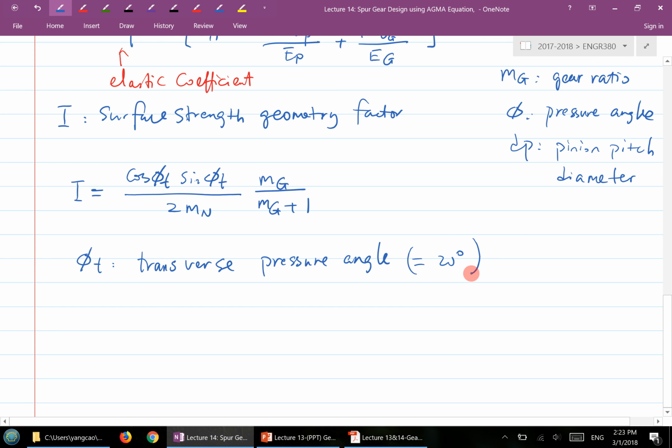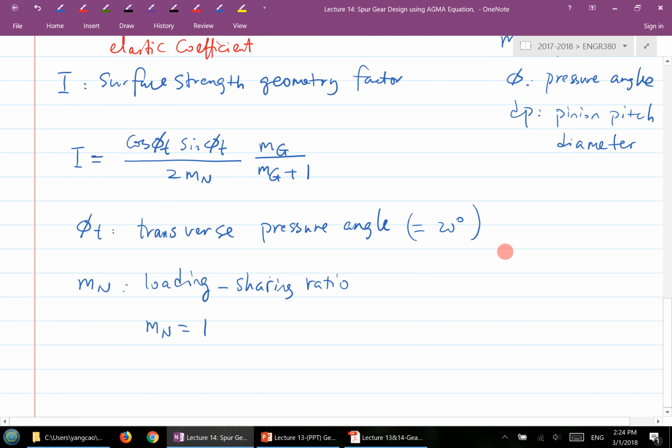There's another parameter here called Mn. I mentioned it a little bit at the end of the previous lecture when we talked about the G factor, the geometry factor. This Mn is called the load sharing ratio. You let it equal 1 for a spur gear.